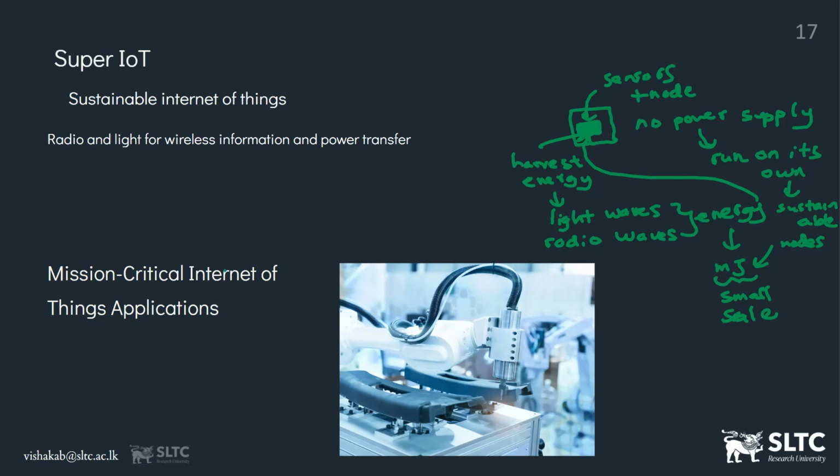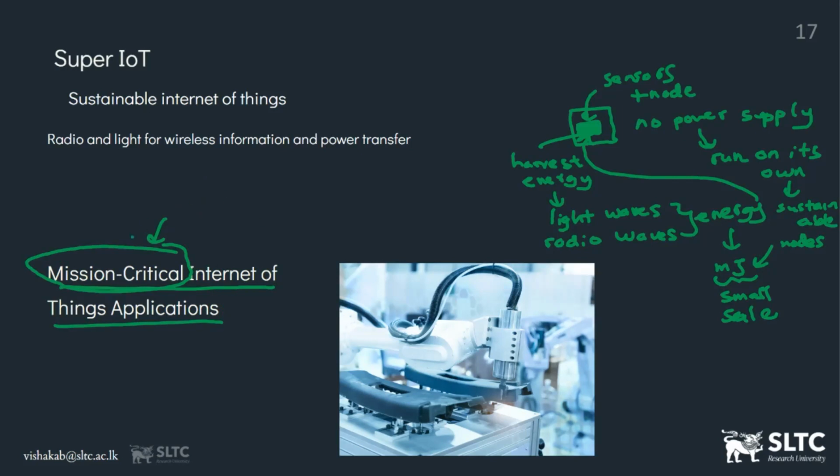Apart from that, next I will talk about the mission critical Internet of Things. Mission critical Internet of Things means that we will be considering the situation, and based on that situation, we will design the Internet of Things network.